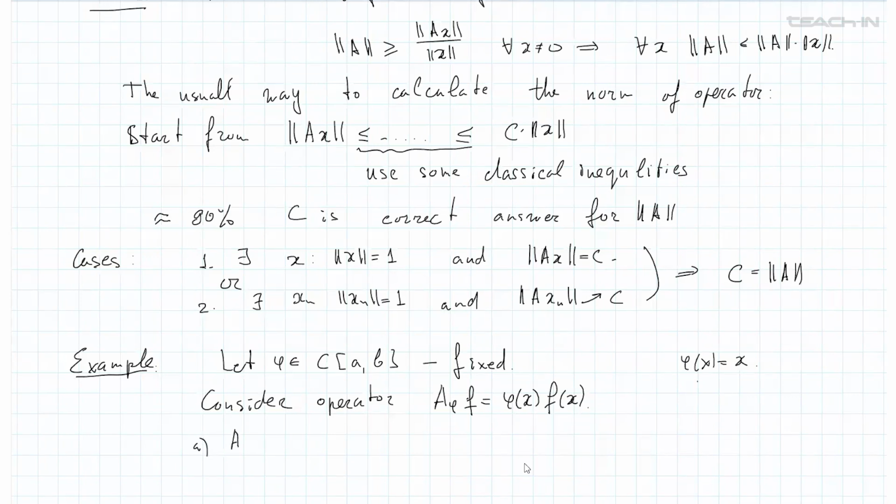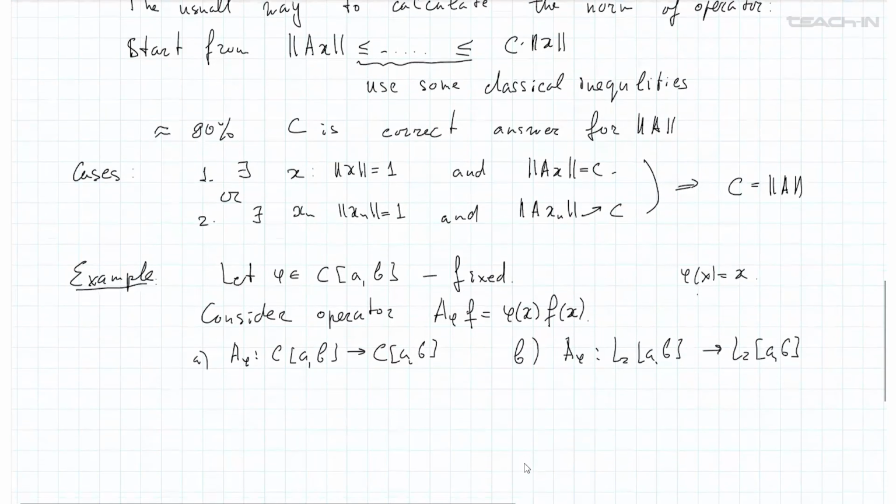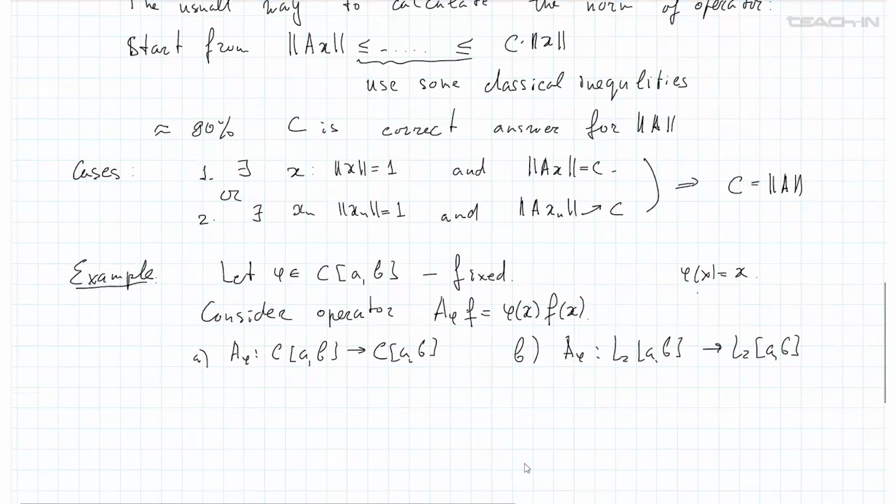A_phi acts from the space C[a,b] to C[a,b], the class of continuous functions, and second, consider this operator in L2[a,b] to L2[a,b]. And the task: find the norm in both situations. First, the norm of A f, just by definition, is the maximum of |phi(x) f(x)|.